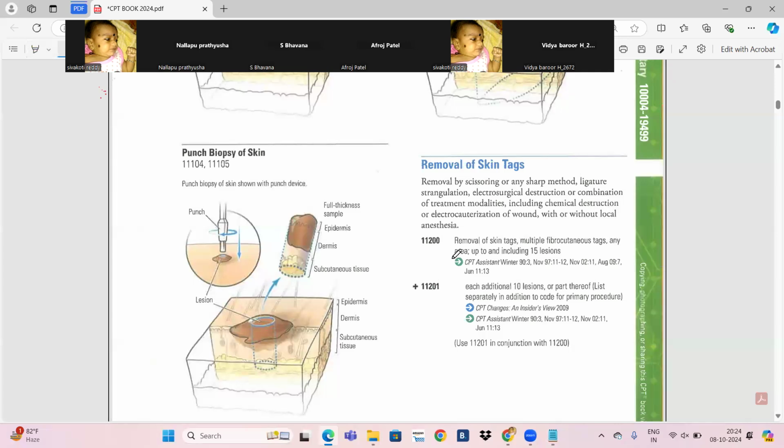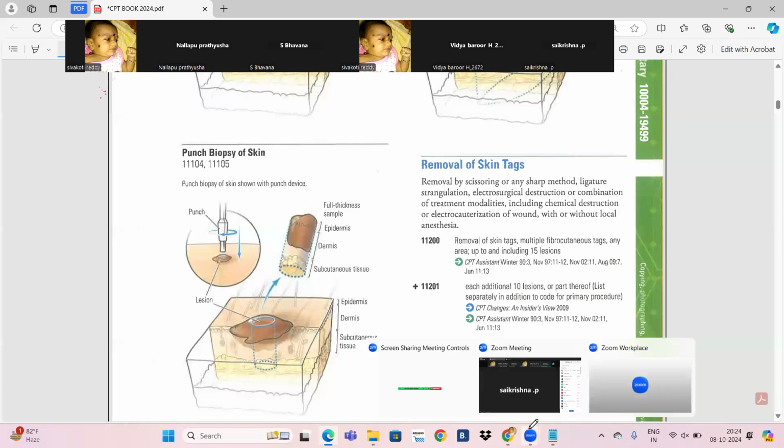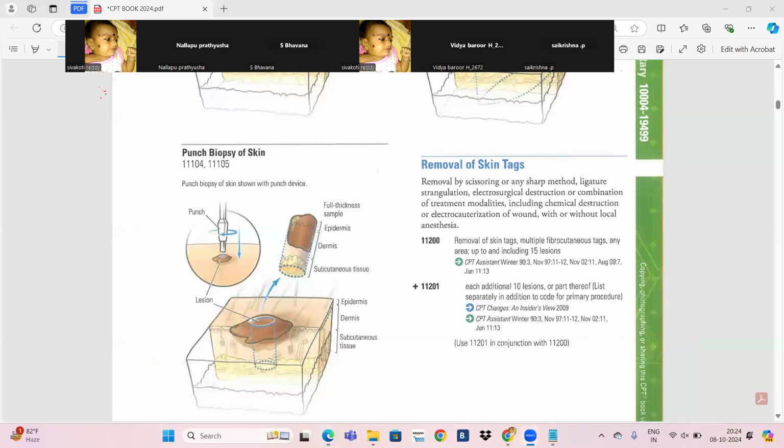Based on how many tags they removed, you will get the code. Suppose the patient had 5 skin tag lesions removed. What is the CPT code?